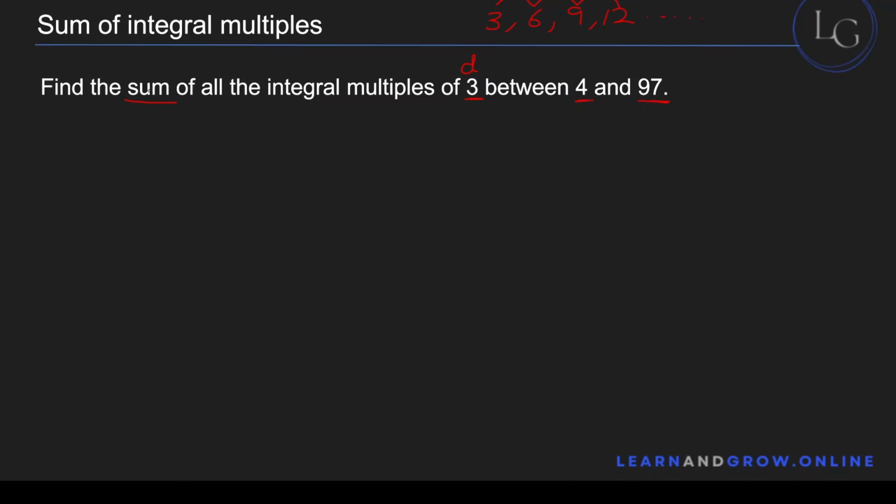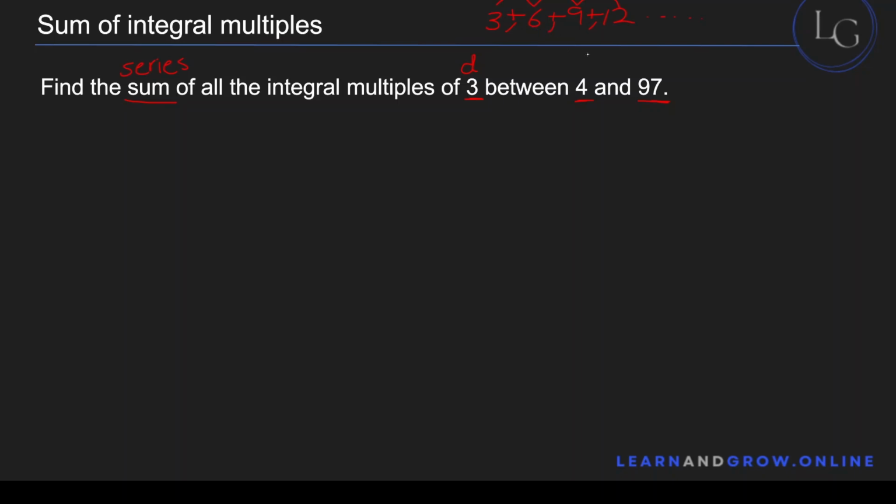It says here the sum of all of the integral multiples between 4 and 97. So that means basically the sum of all of these. What does that basically mean? It obviously means that it is a series. 3 is less than 4, so obviously that is not a part of it.